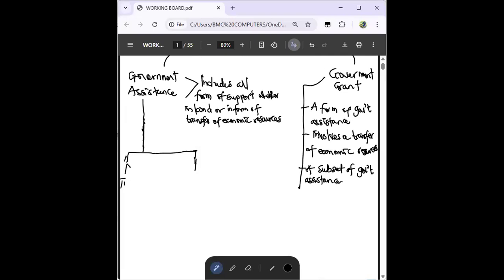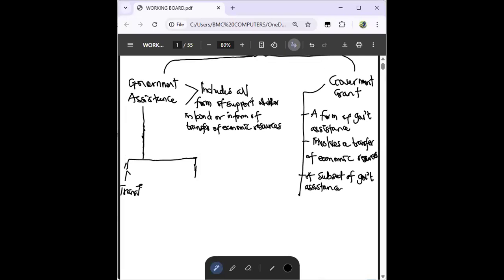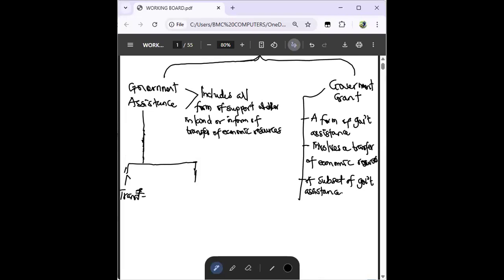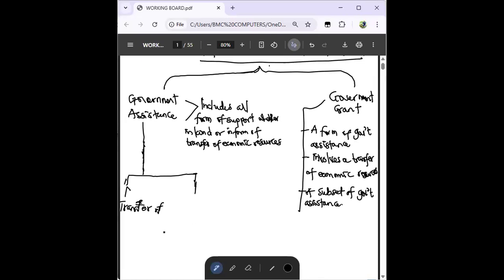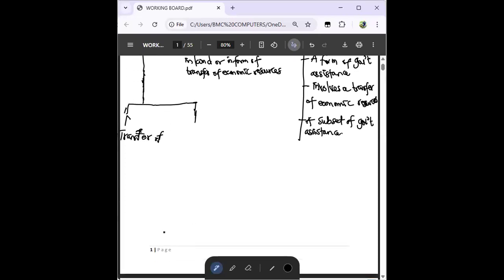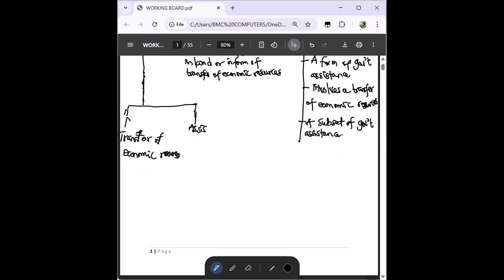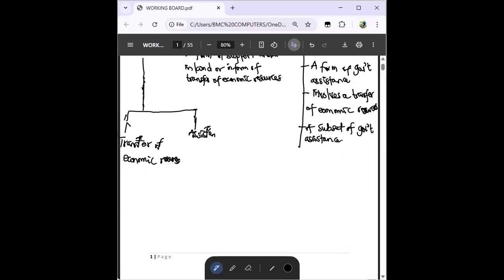So we have the transfer of economic resources. I also have the assistance that does not include transfer of economic resources.